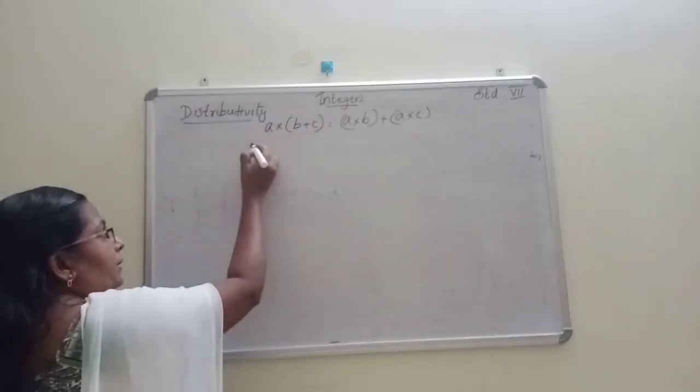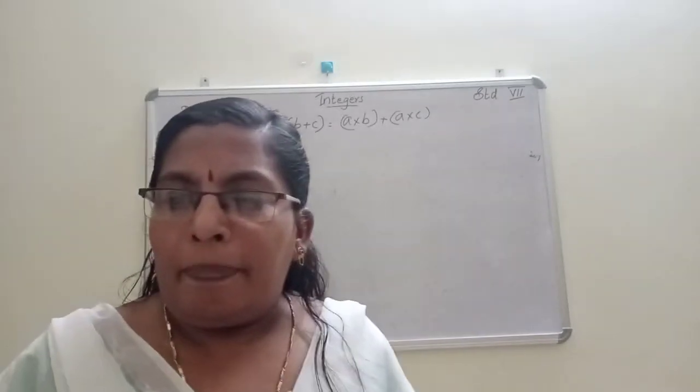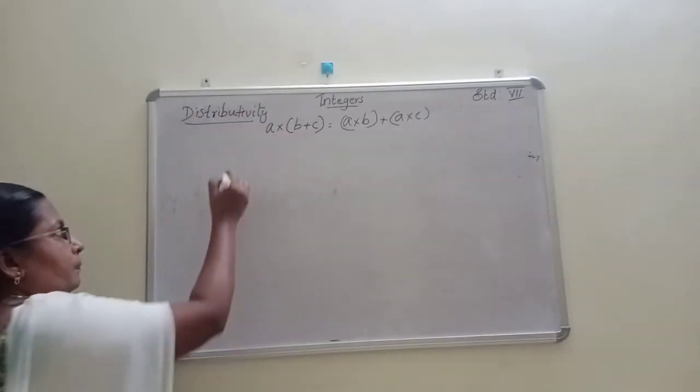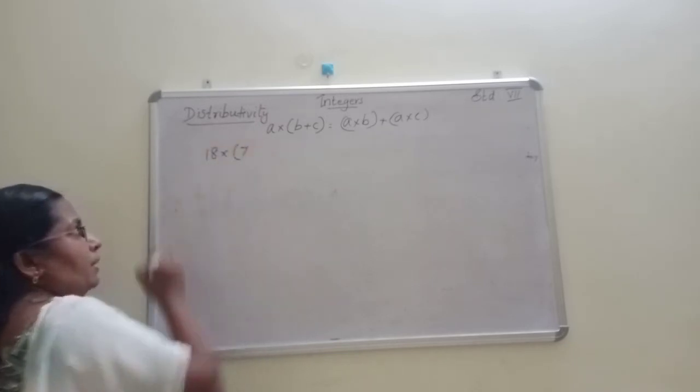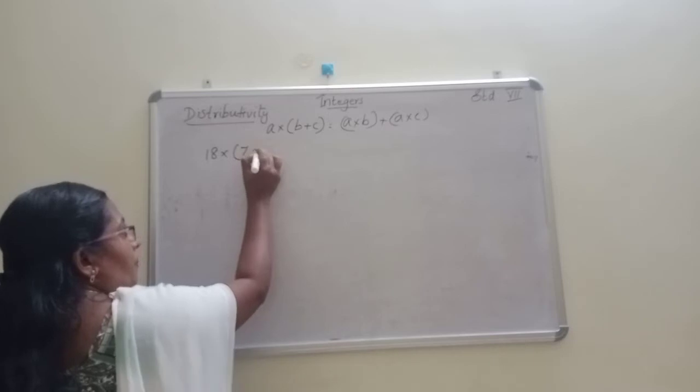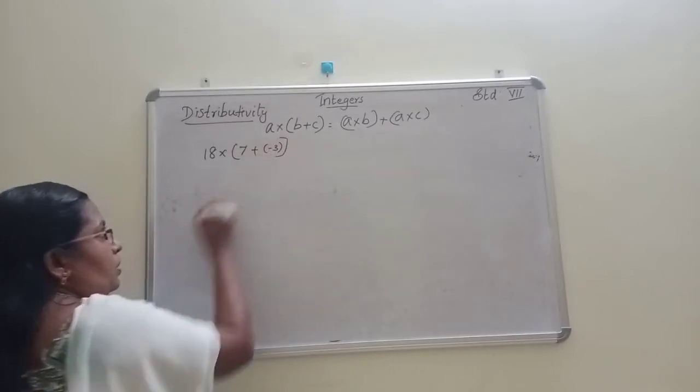That is, see, first question we can take: 18 into 7 plus minus 3. This is the first question.